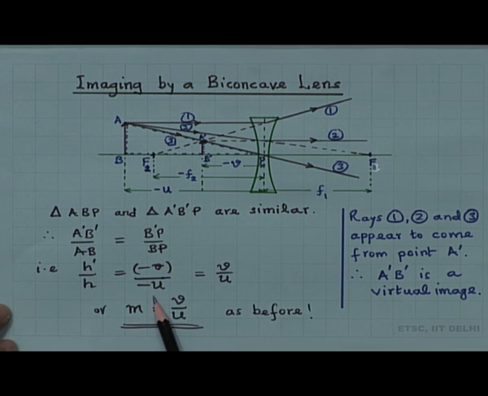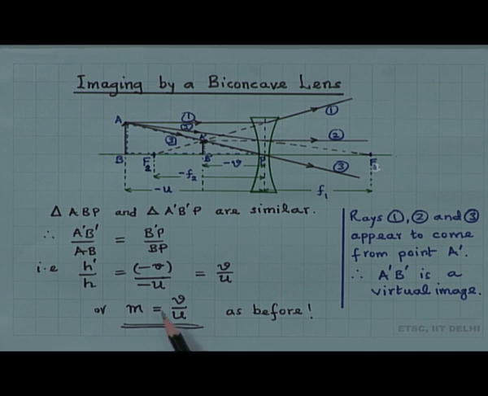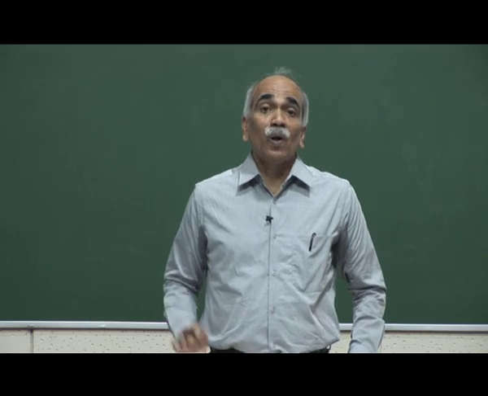So, minus V by minus u, which is equal to V by u, or the lateral magnification M is equal to V by u as before. As before means the same formula that we got in the case of a convex lens, because we have followed the sign convention.